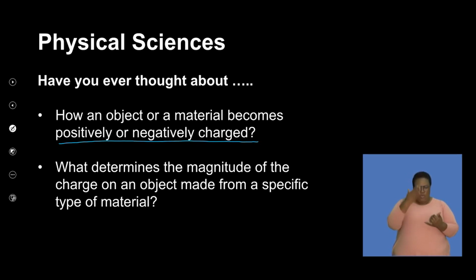Now that we know that the material can either be positive or negatively charged, in terms of magnitude, which is the size of charge, or how big the charge is, because charge will obviously vary from one material to the next, depending on the number of electrons added or removed during the transfer. So what determines the size of the charge on an object made from a specific type of material? This is the big question that we want to address, and it has a lot to do with the conservation of charge, where we talk about the net charge.